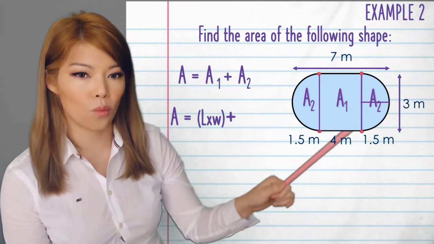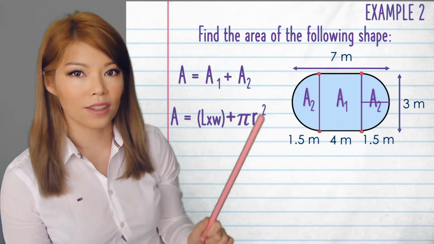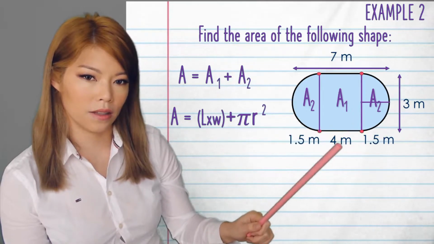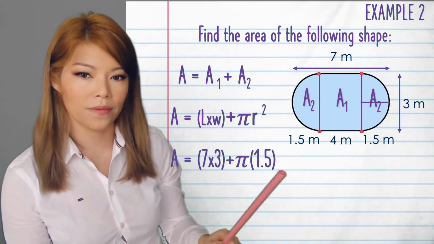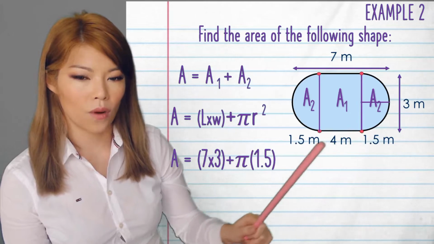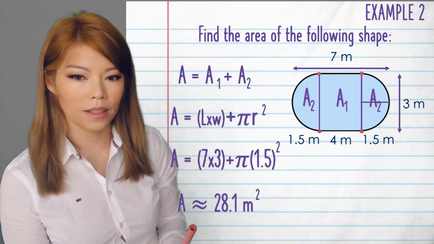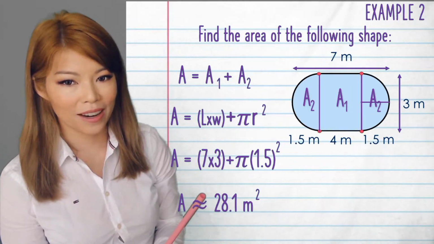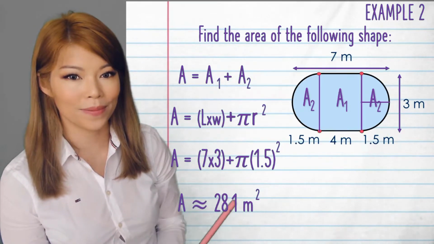I'm just going to do that one circle, so pi r squared. So now we have LW is 4 and 3, and the R is 1.5. So our area is 28.1 meters squared. Make sure you check that on the calculator and you get the same value.